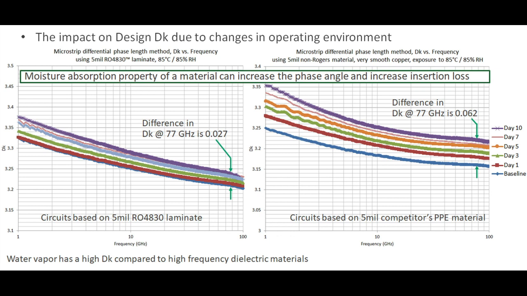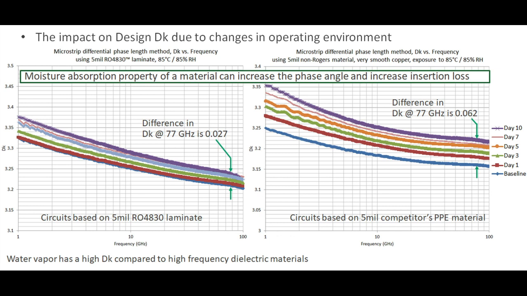Then after that, we condition the circuits in the 85-85 environment for 1 day all the way out to 10 days. Each one of these we will take data, and here we're showing the Dk versus frequency curves, same as the last graphic actually, but in this case it's showing differences due to being conditioned in the 85C and 85% humidity.